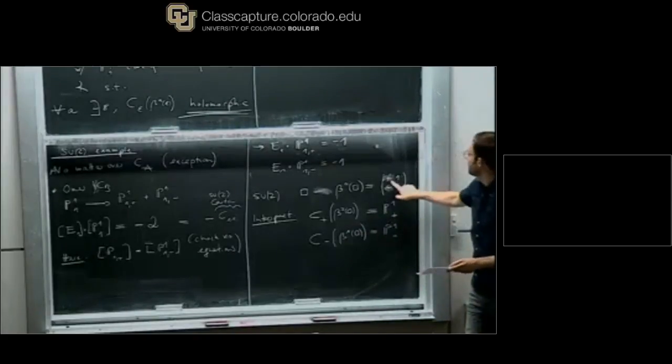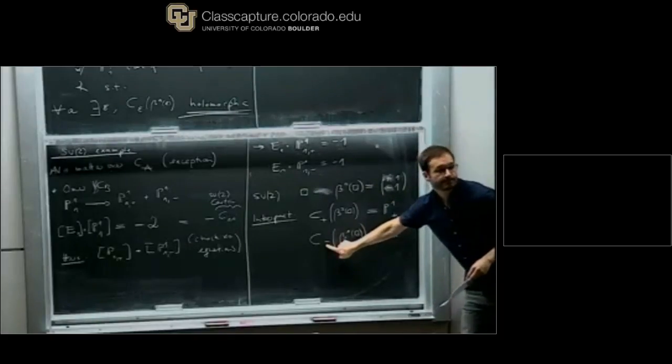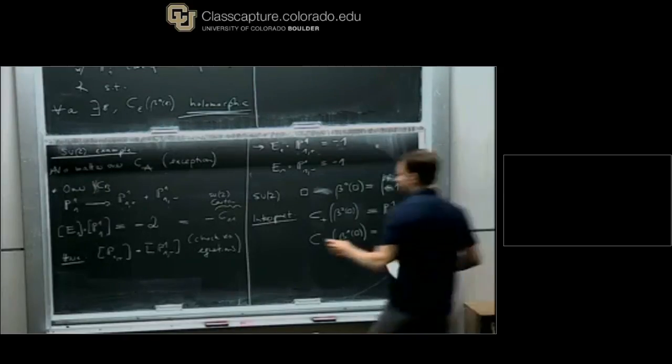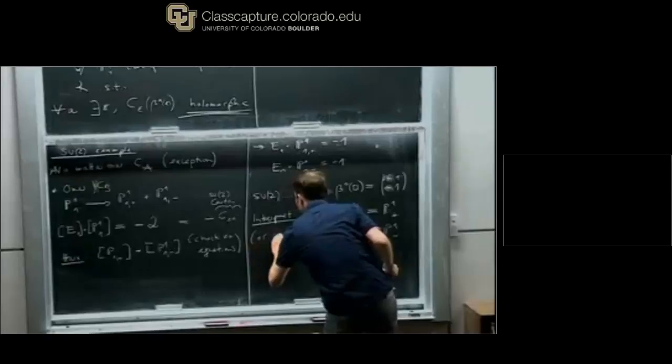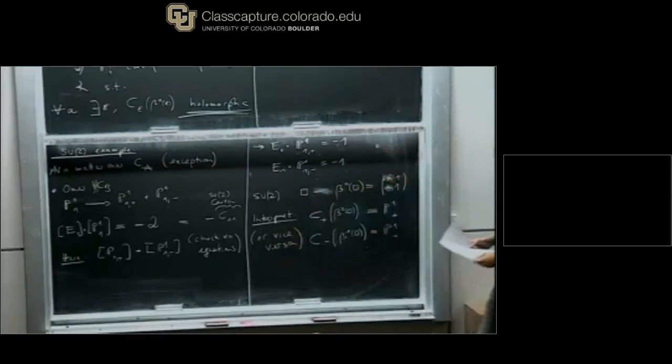So beta 1 should be +1. We get intersection number -1, so we include this minus sign here. That would be a consistent interpretation. Or vice versa. Of course, we can relabel.